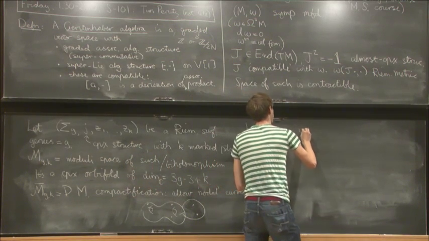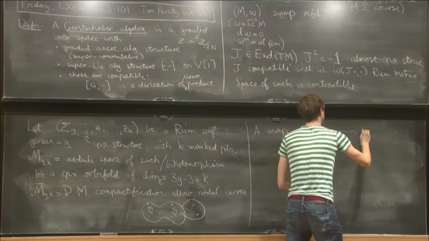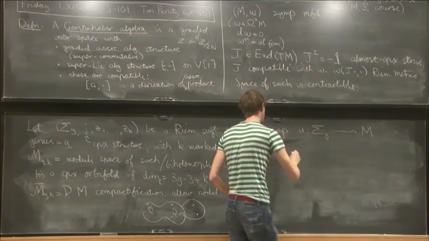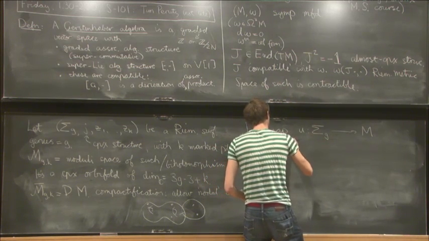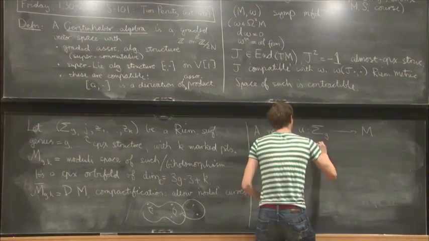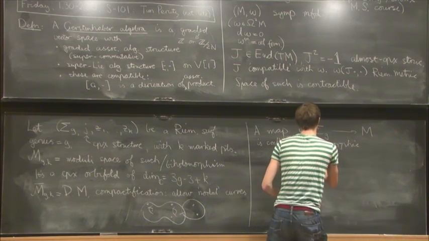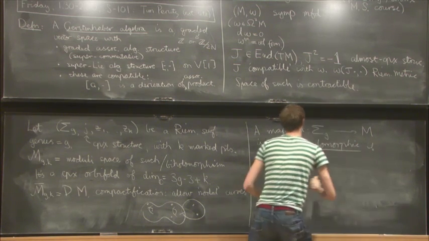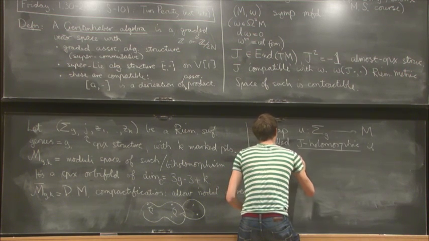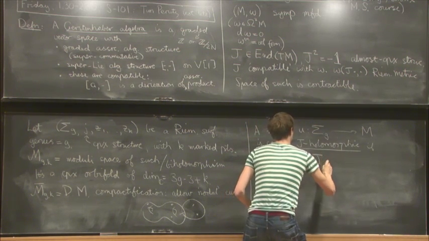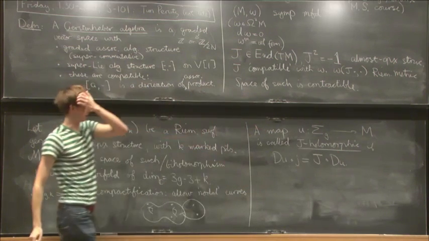Okay. So if we have a map from our Riemann surface into M, we call it J-holomorphic if its differential respects the complex structures.